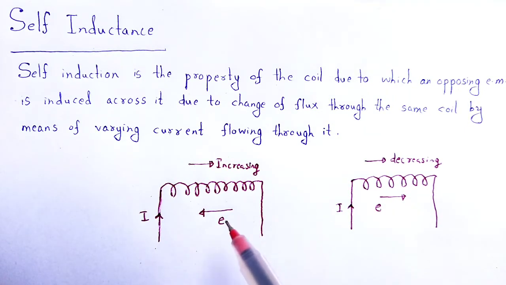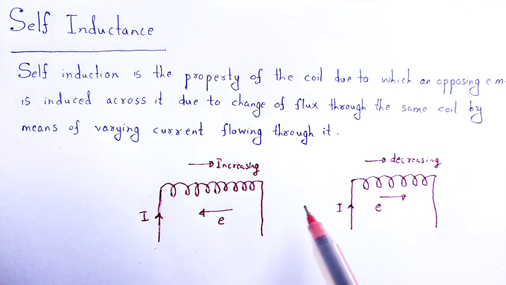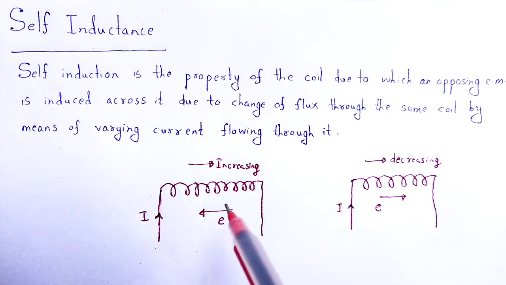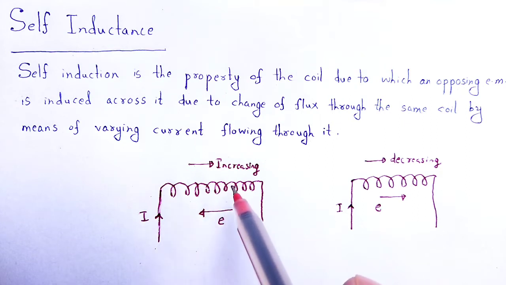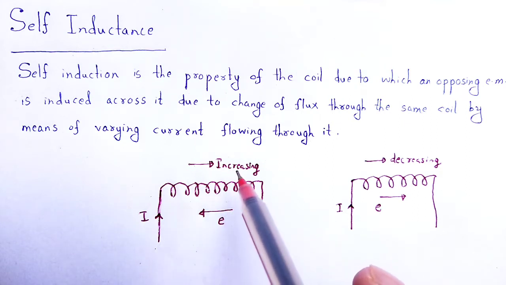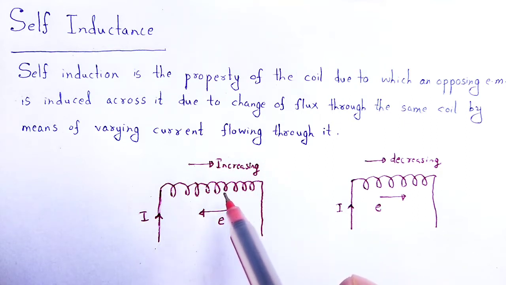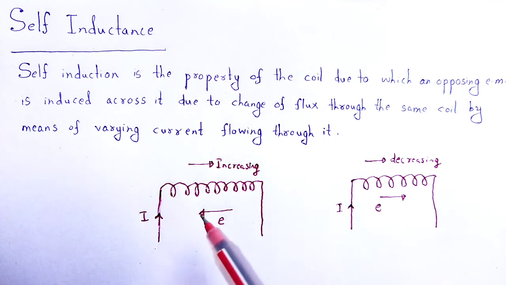So, the phenomenon according to which an induced EMF or current is produced when a changing current is passed through that coil is called self induction.